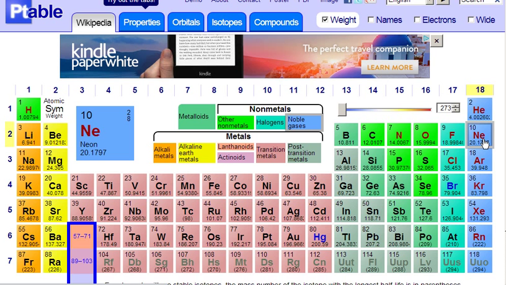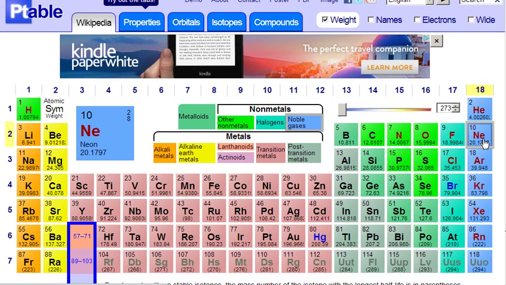If it's neutral neon, if the overall charge of the system is 0, then the number of electrons and the number of protons are equal. So neutral neon has 10 electrons and 10 protons.